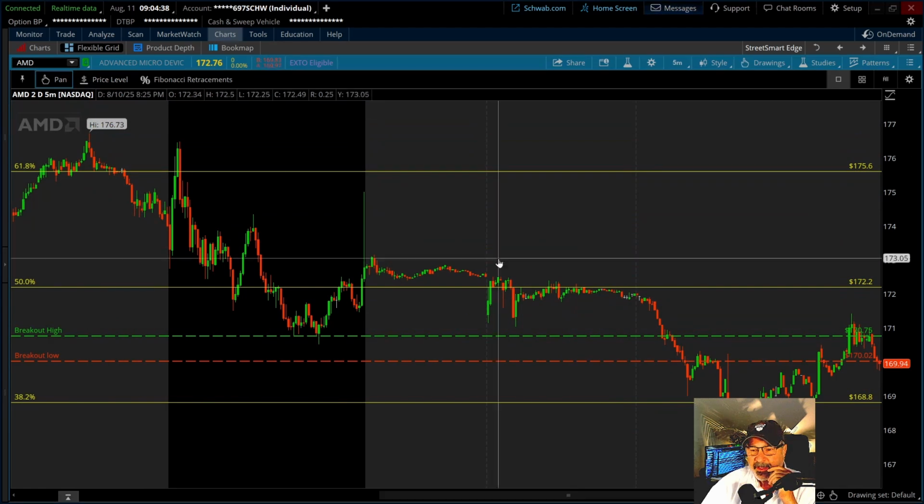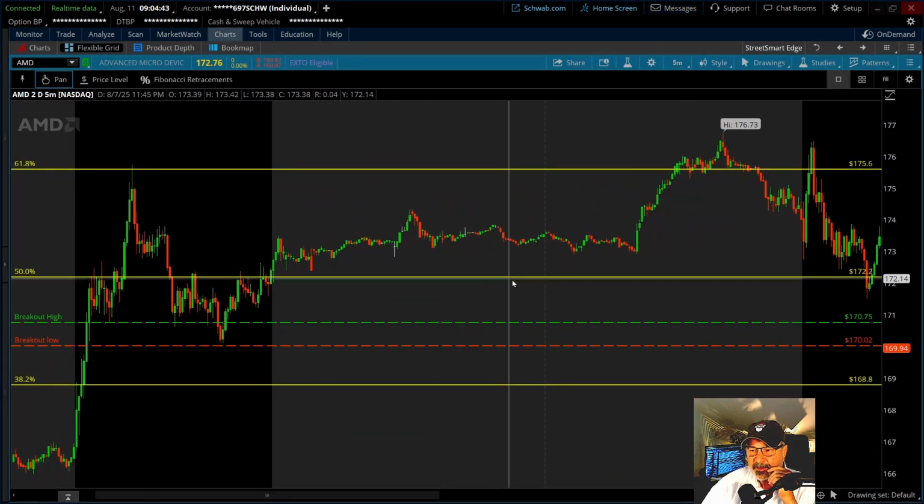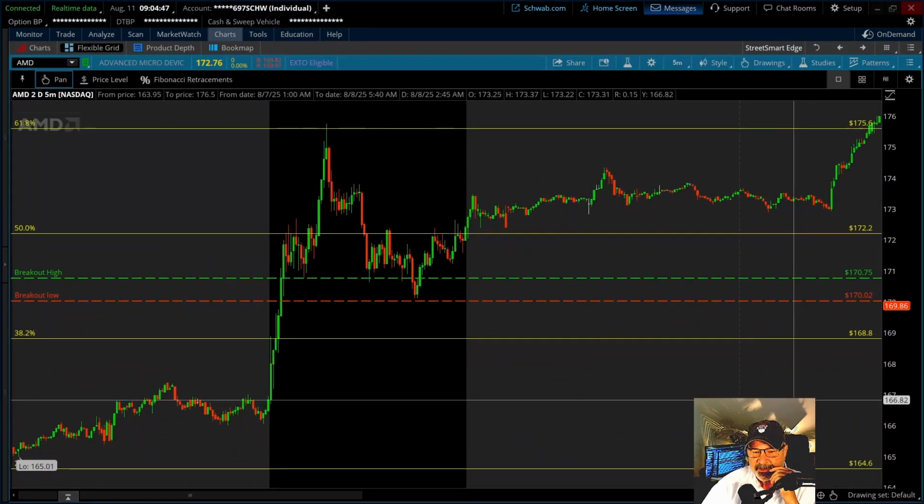Where is this? Okay, I got to get rid of this. Oh, it's over here. This is on a 2-day. Why isn't it marked then? There it is. Okay.